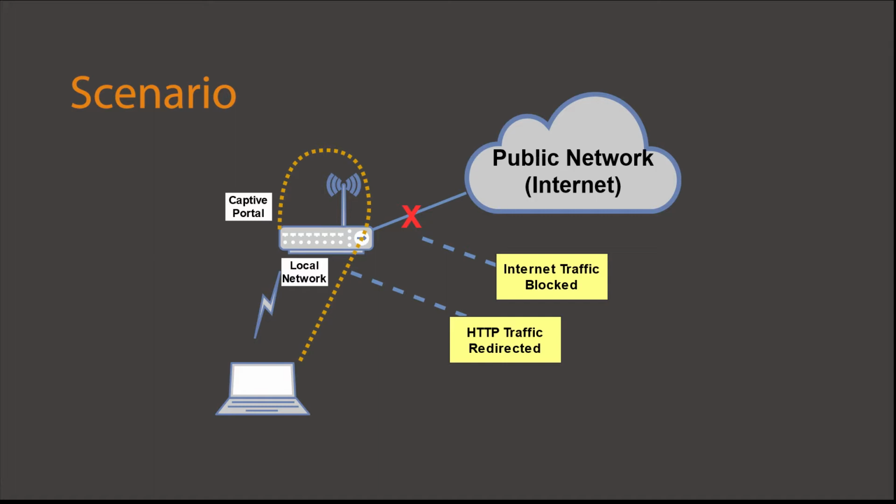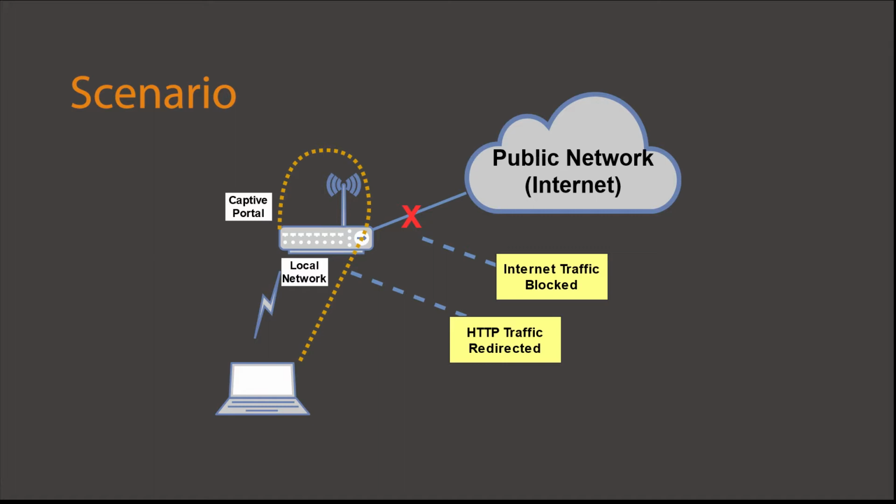This is depicted in here, where you can see the host starts up, gets access to the Wi-Fi, and probes for internet. But if there's a captive portal in the way, it looks a bit different. The captive portal will take that HTTP traffic and redirect it to itself.